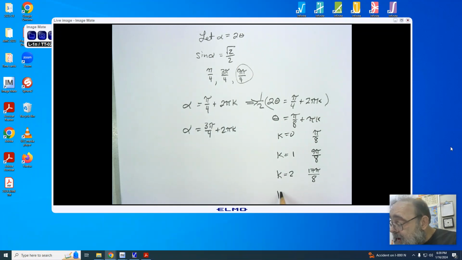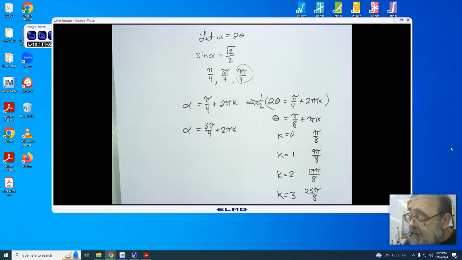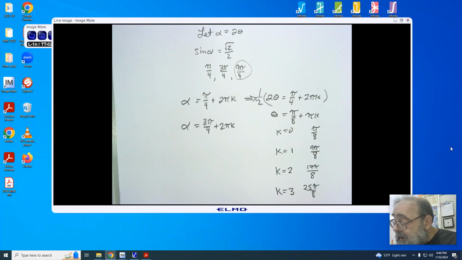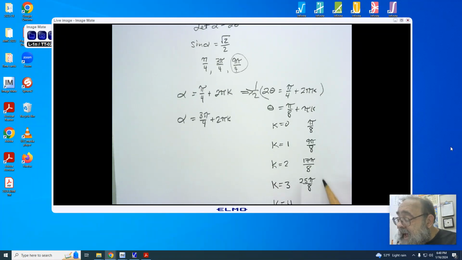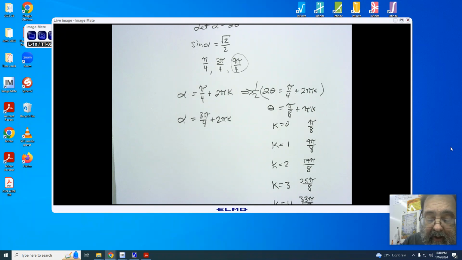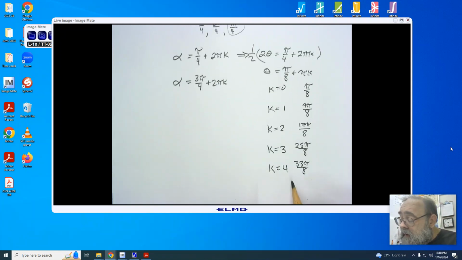So let's keep going and let's find k equals 3. That means I now have 25 pi over 8. And let's just check 25/8. That's 3.125. So I'm going to let k equal 4. And I'm now going to add another 8/8, which is now 33 pi eighths. 33 divided by 8, that's 4.125.